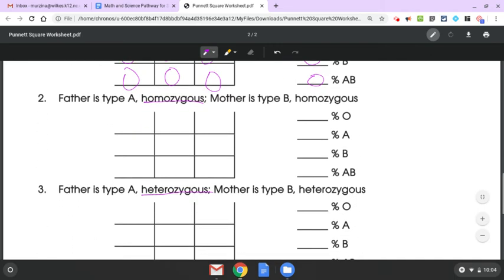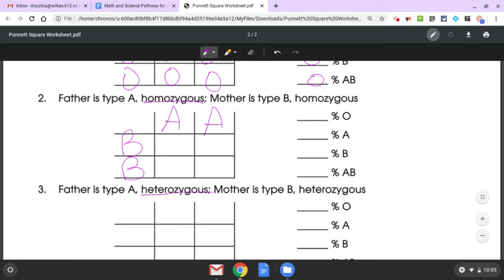The next one says the father is type A, which is homozygous, and the mother is type B, homozygous. Since it's codominant, you're always going to write two capital letters, and it's going to look like that.